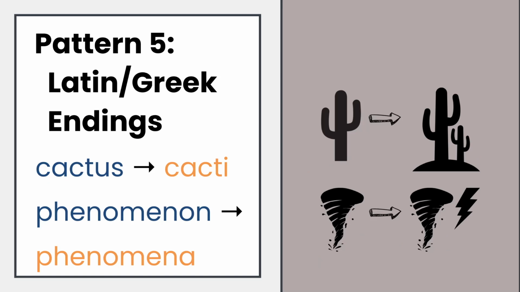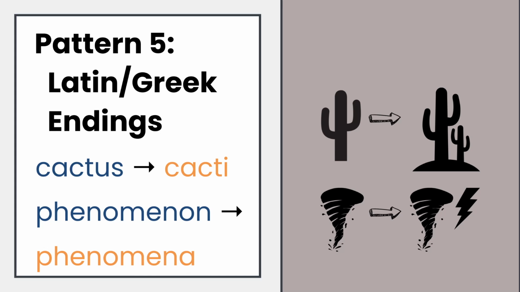Pattern 5. Many irregular plurals in English come from Greek and Latin roots. When English borrowed words from these languages, it often kept the original plural forms instead of adding the usual s or es suffix. Some Latin nouns that ended in us changed to be plural by adding an I, like cactus to cacti.